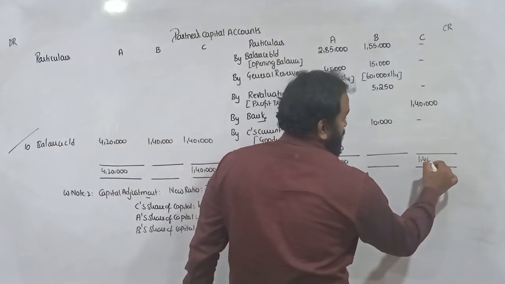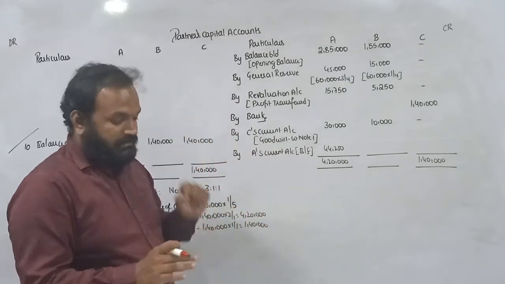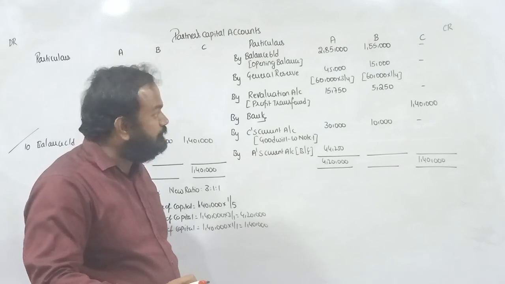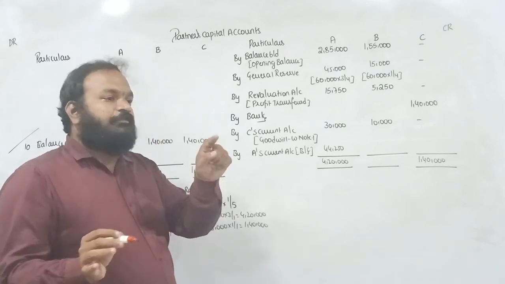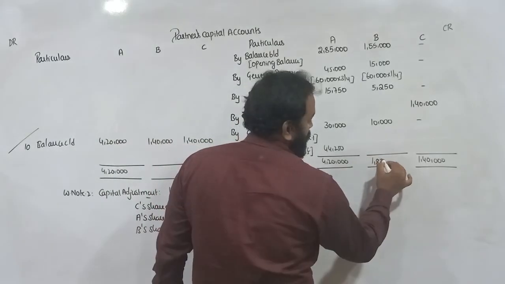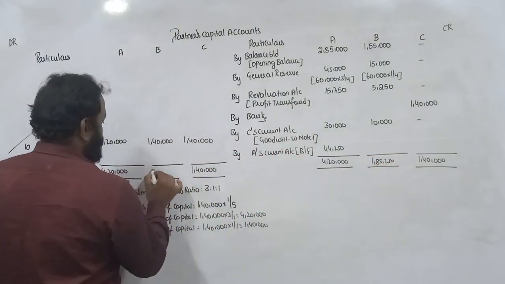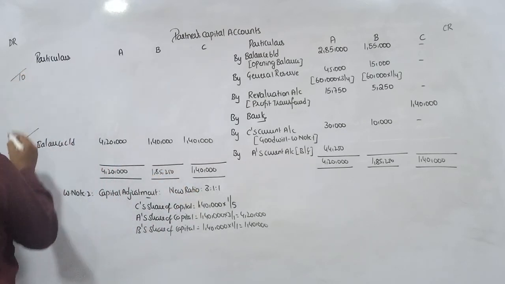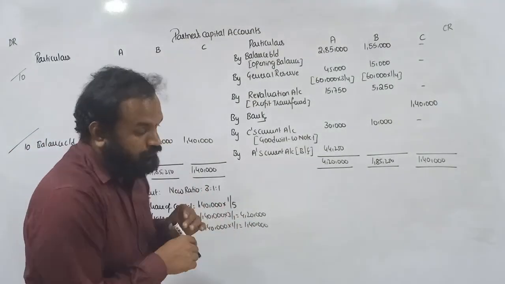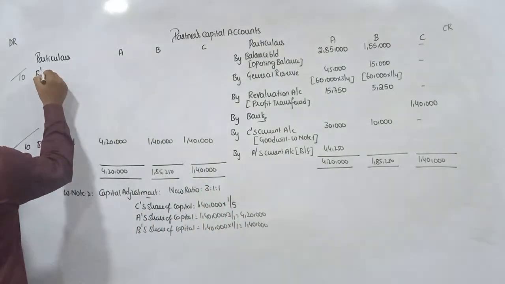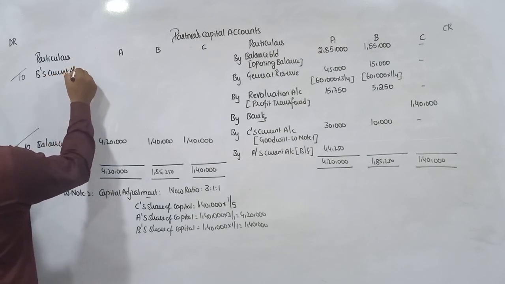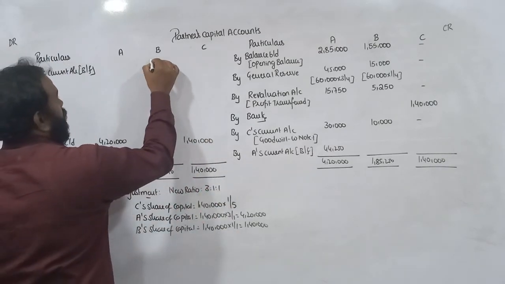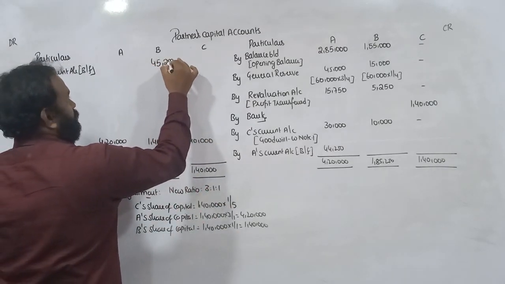Next, listen. B should have 140. Let's see how much there is: 1,55,000, 15,000, 5,250 plus 10,000, it's 1,85,250. So from 1,85,250, if we deduct 140, to, don't write bank, to B's current account, its balancing figure, how much? 45,250.